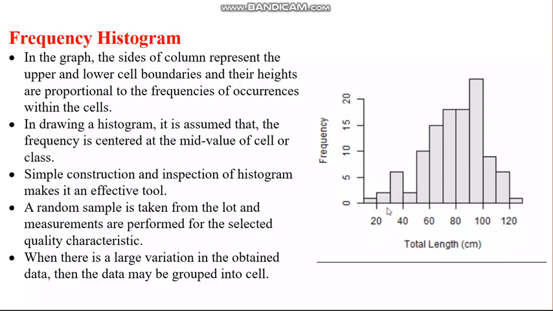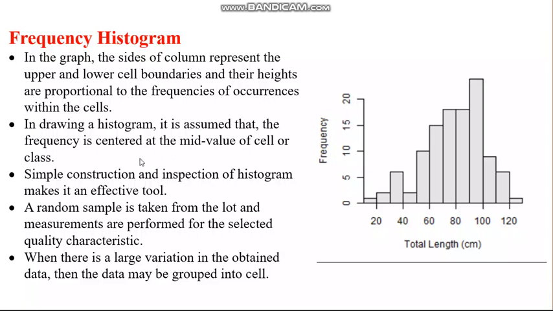These sides show the cell boundaries, and their heights are proportional to the frequencies. Here this is 2, this is 6, this is 10, this is around 15. See, the height is the frequency, and the sides of the rectangle show the cell boundaries.